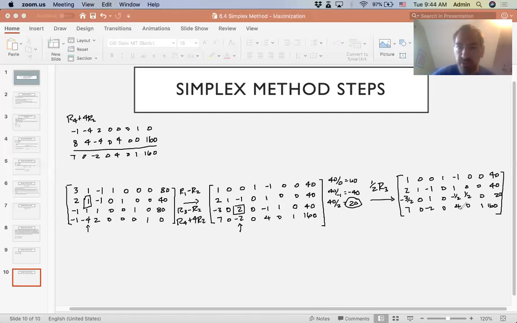Now we want everything else in that column to be zeros, right? We want this to become a 0, and we want that to become a 0. So we're going to take R2 and add R3 to it, and then we'll take R4 and add 2 times row 3 to it. R1 already has a 0, so we're not going to do anything with that.